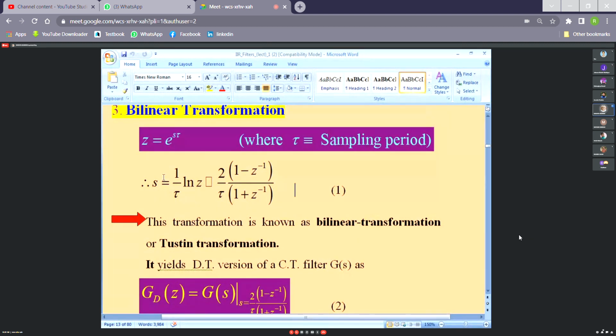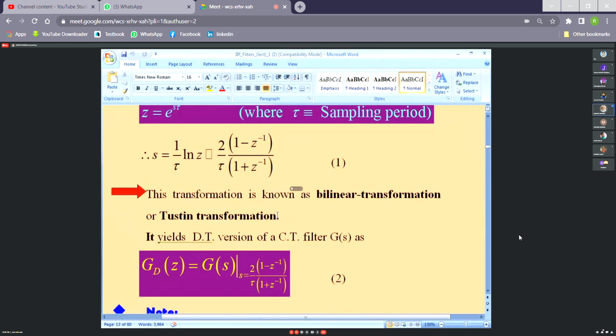Based on this approximate relation between S and Z, how does it help us in obtaining an equivalent digital filter for any continuous time filter? Simply in the expression for G(S) of the analog filter, replace S with 2 by tau times (1 minus Z to the power minus 1) by (1 plus Z to the power minus 1). So you will get the transfer function of an equivalent digital filter.